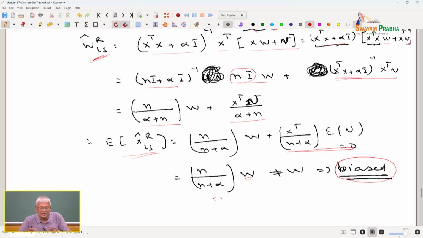So what is the end result of this? Using the special case of x being orthogonal, in the sense of x transpose x equal to nI. Why do we assume special cases? Because I want to bring the beauty of the analysis to the forefront. So, without the ridge regression term, it is unbiased.